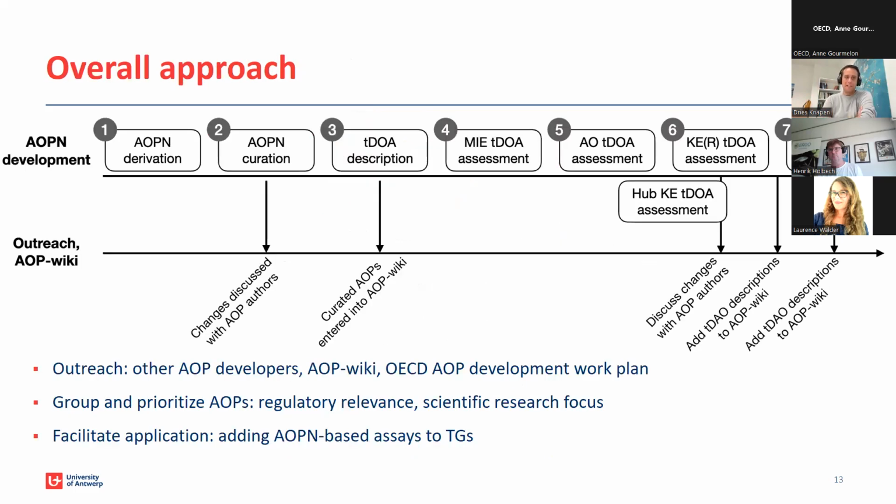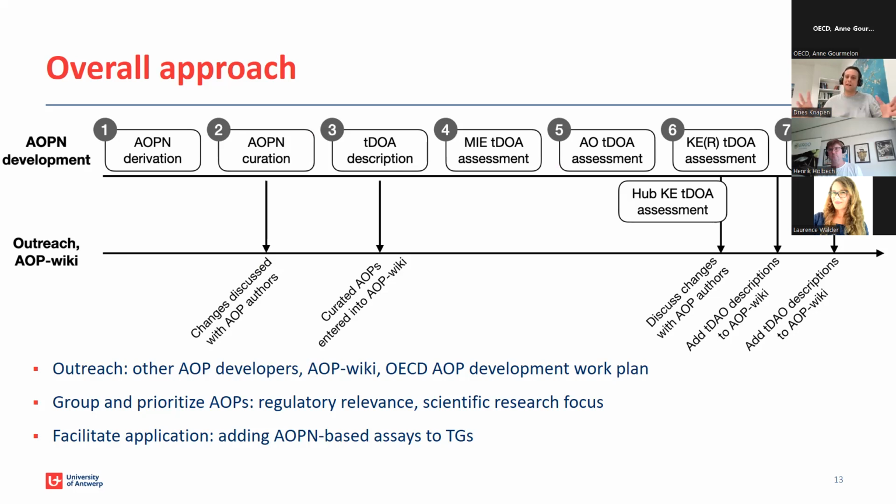So this summarizes our overall conceptual approach of how we are currently working on improving the taxonomic domain of applicability description of the network. In the first 3 steps, we built the network and connected it in the right way, and made sure that the basic description was correct. Then we started with the assessment of the taxonomic domain of applicability of the MIEs and the AOs, as I just explained.